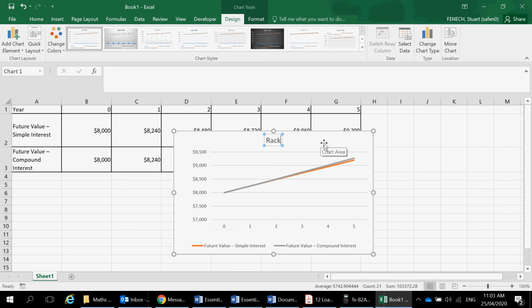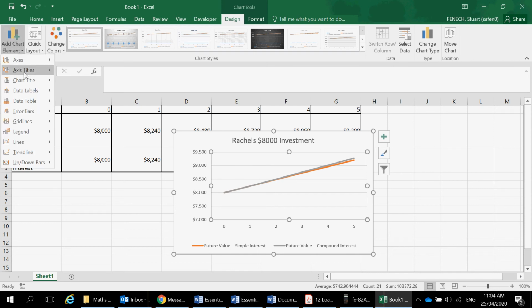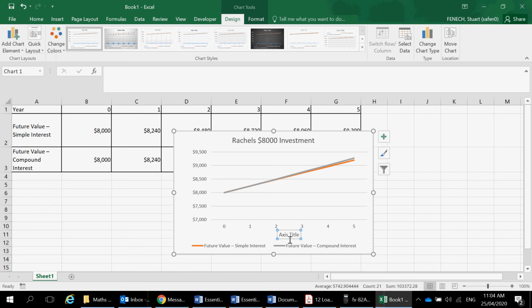Now from there, you'll realize this is Rachel's $8,000 investment. And you will see that as the year goes on, of course, there are a couple of things missing here that I don't like. Hopefully you realize by now what I don't like. It's missing axis labels. We need an axis label there, which is year.